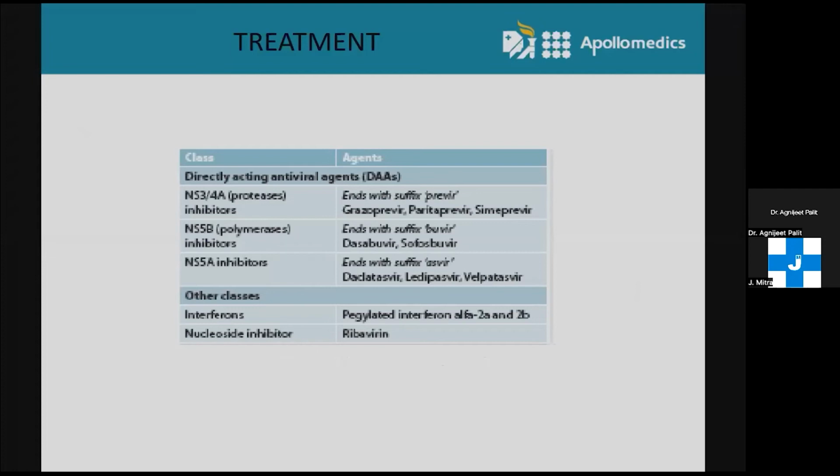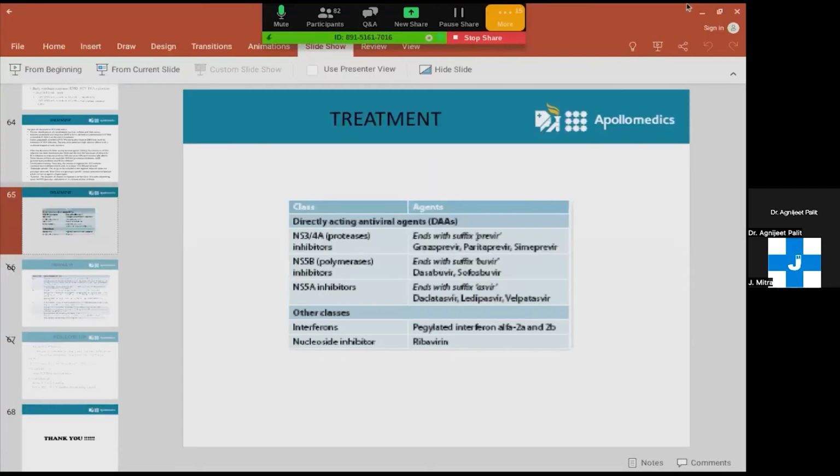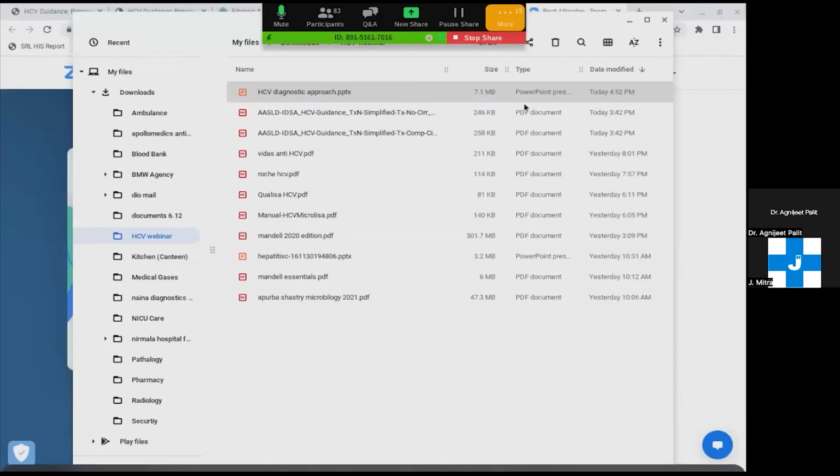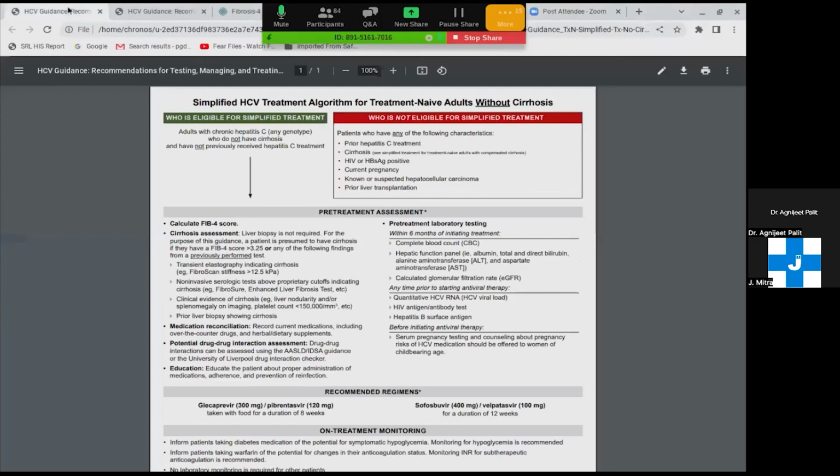So I will just show you the current treatment recommendations as per the IDSA guidelines. The current treatment guidelines are mainly divided into 2 parts: treatment-naive adults without cirrhosis, and patients with compensated cirrhosis.